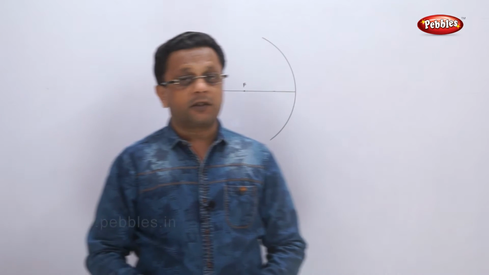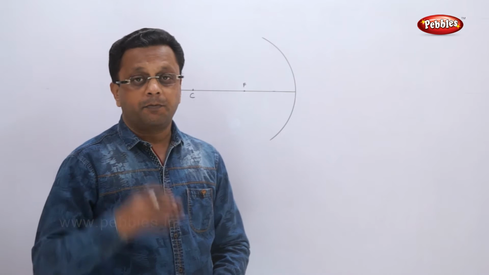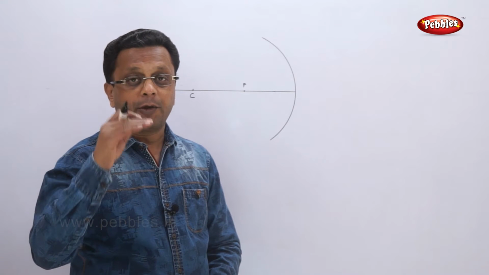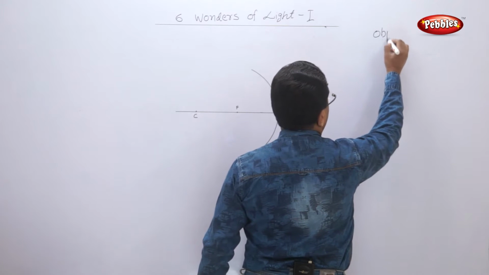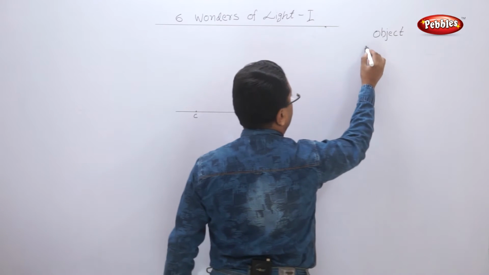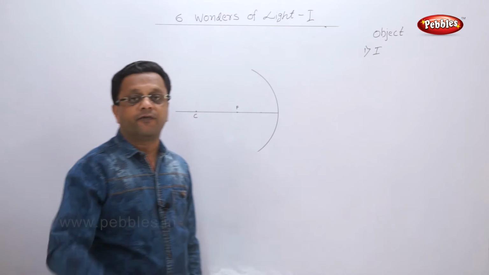Now we are going to learn 6 figures. That means the object is placed at a particular distance. The first is the object at infinity, I am just writing I for infinity.